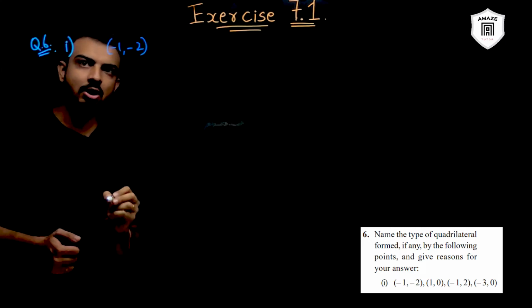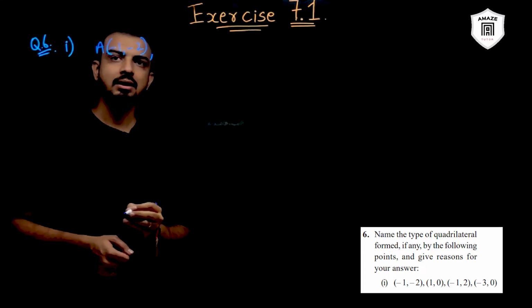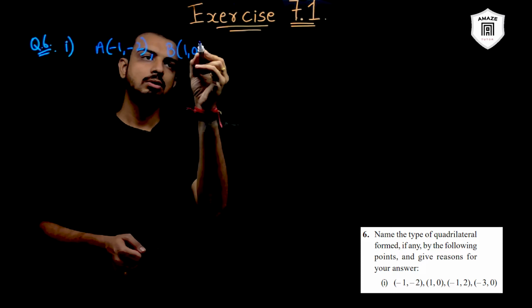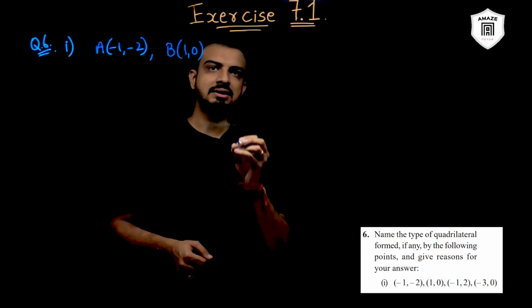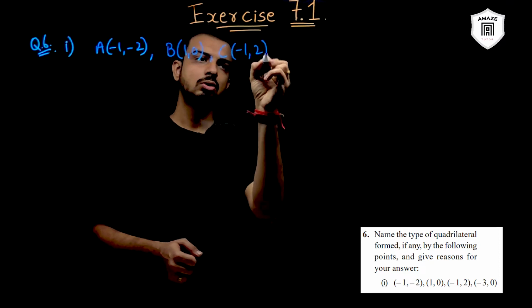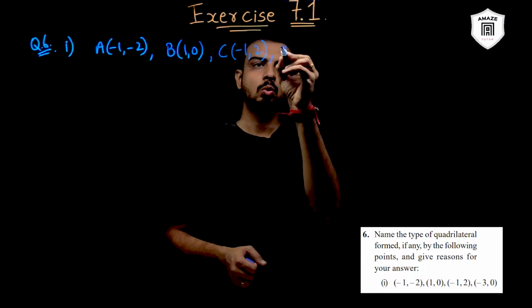Okay, the names are not given. Let me name this as A. Second, the B point is 1 comma 0. C point is -1 comma 2. And D point is -3 comma 0.